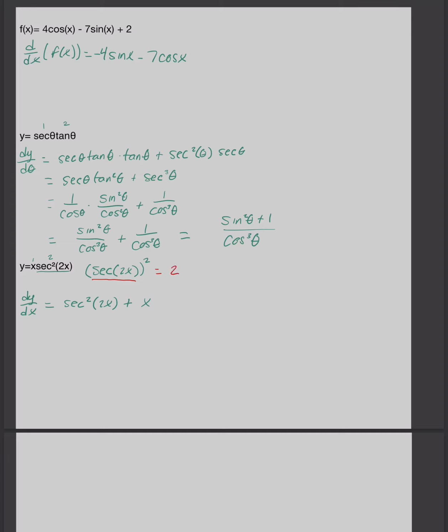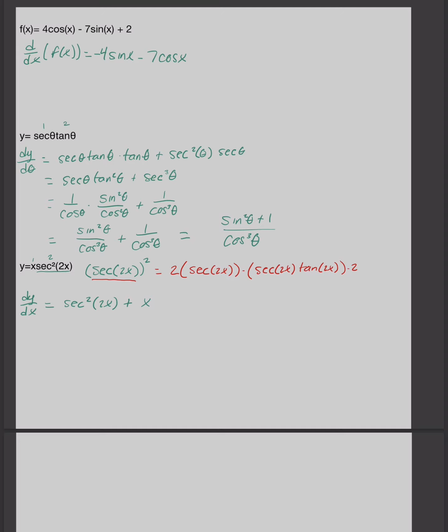So you take that 2 out front, and you'll have your secant of 2x. And now you take your derivative of secant of 2x, which would be secant 2x tangent 2x. And now we have to take the derivative of the inside, which is just that 2 times 2.